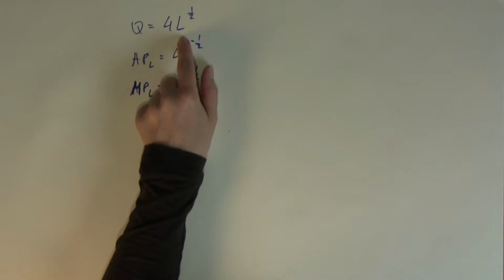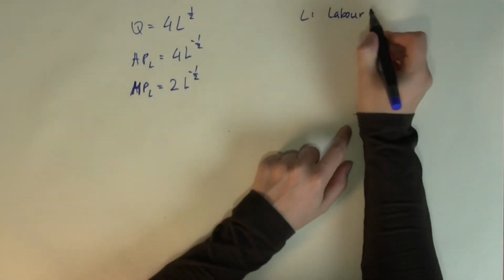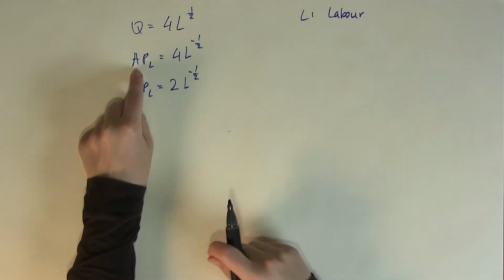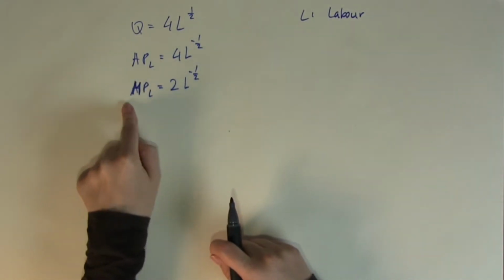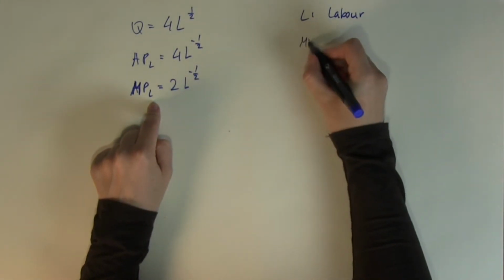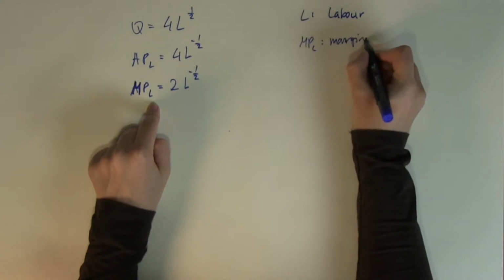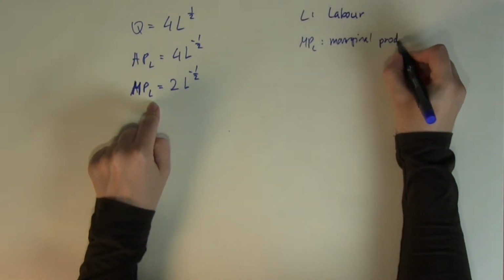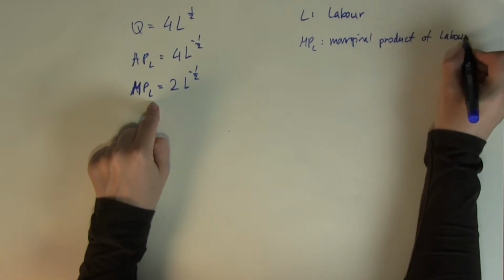From your lectures, you can recall that capital L always stands for labor. APL is the average product of labor, and MPL is the marginal product of labor. So APL we already mentioned, but MPL again is the marginal product of labor.